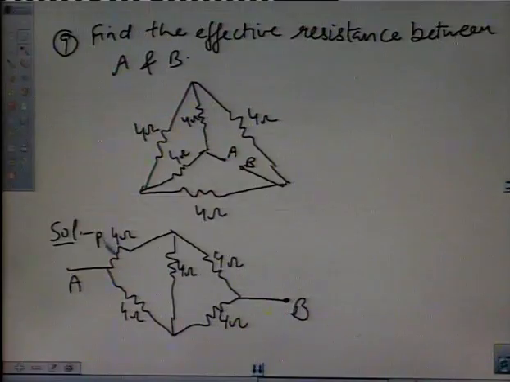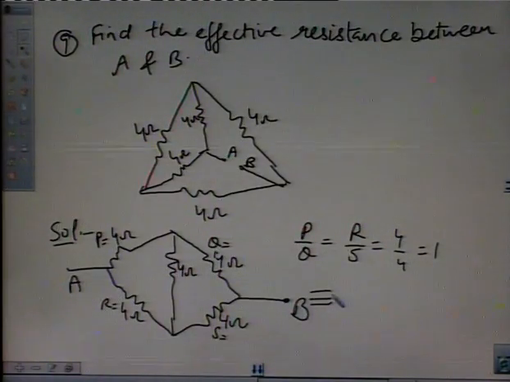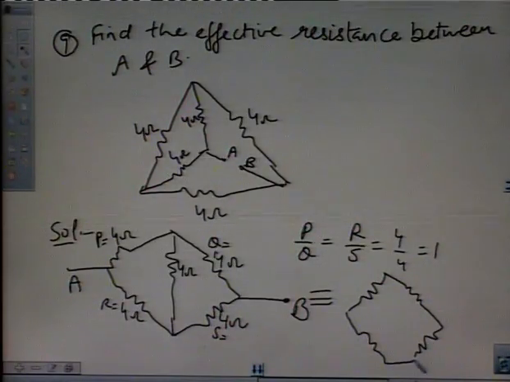So let us take this as P, this is Q, this is R, and this is S. We can see that P upon Q is equal to R upon S is equal to 4/4 = 1. So this comes out to be a Wheatstone bridge, and in case of Wheatstone bridge we can draw it again as here.